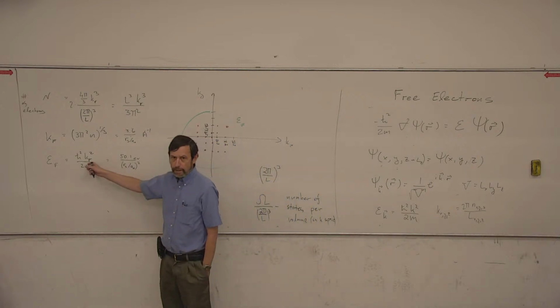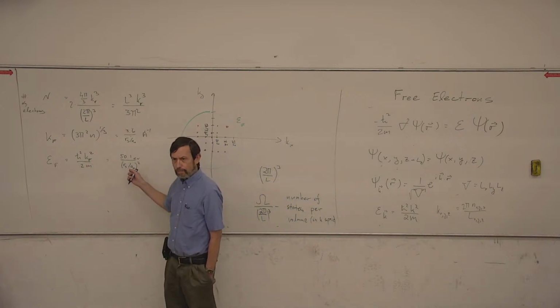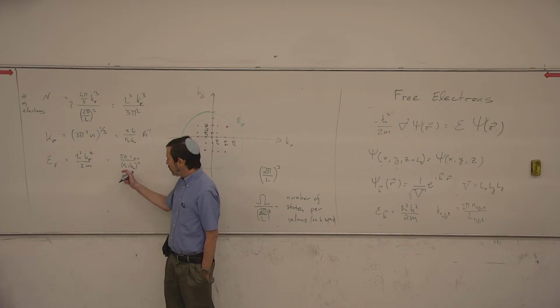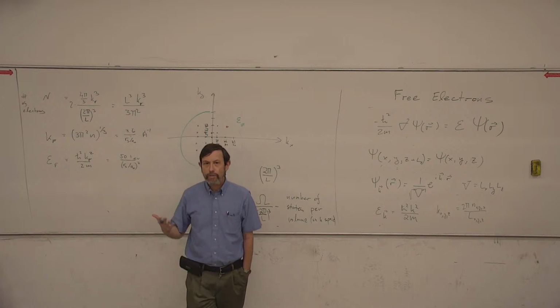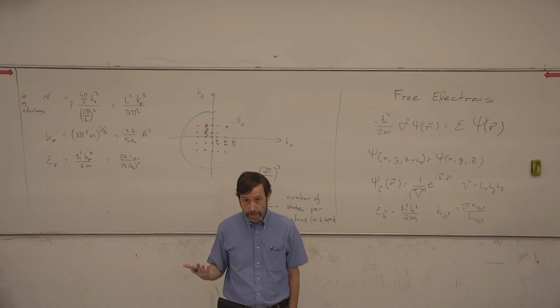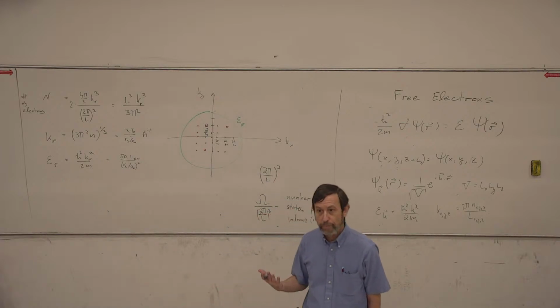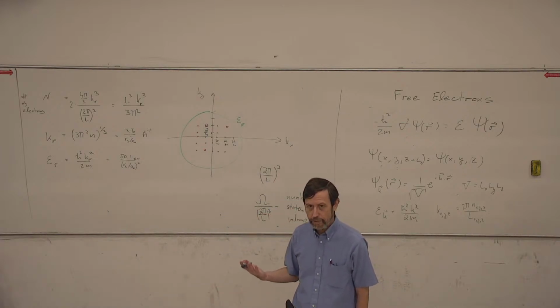This is, truth be said, somewhat surprising, but not really surprising. So tens of electron volts is a typical scale of the Fermi energy.